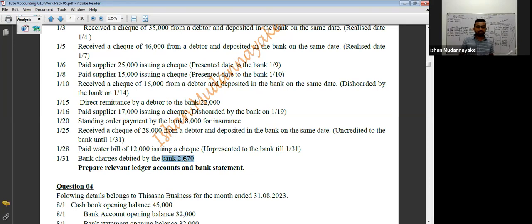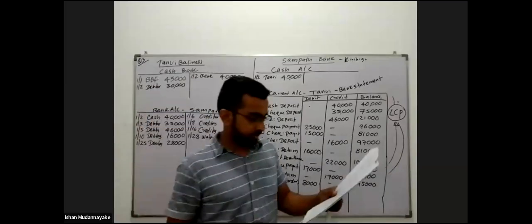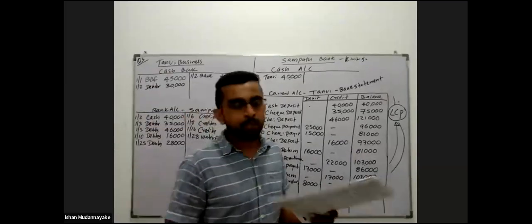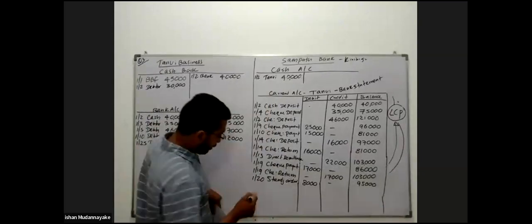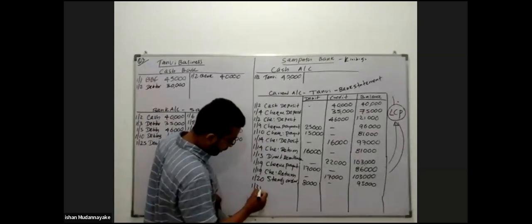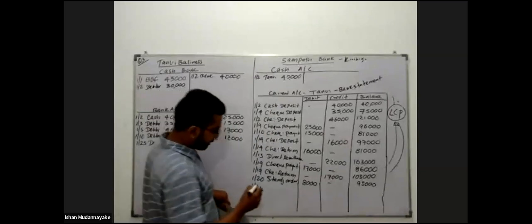The commercial bank provides us a service, so for that service they debit some amount as bank charges. They collect bank charges from us, so our bank statement shows a debit.